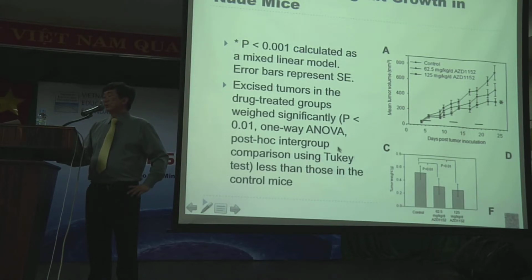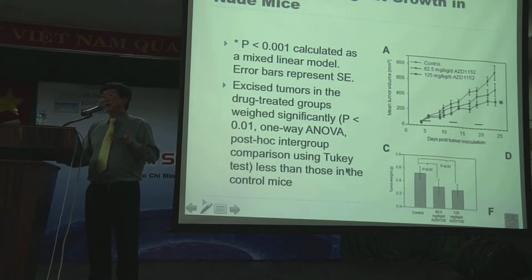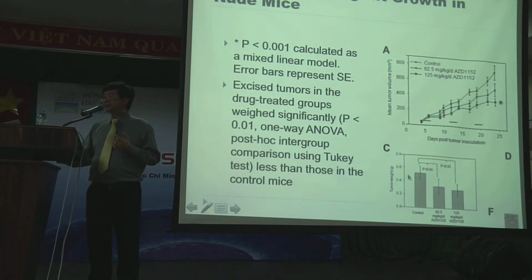When you do that, the computer would give you a choice of several different tests, and depending on whether your data is normally distributed or not, it will make a recommendation as to what test to use. In this case, the data is not normally distributed, and then we use the Tukey test and come up with the p-values for the differences between the 2 groups out of the total 3 groups.